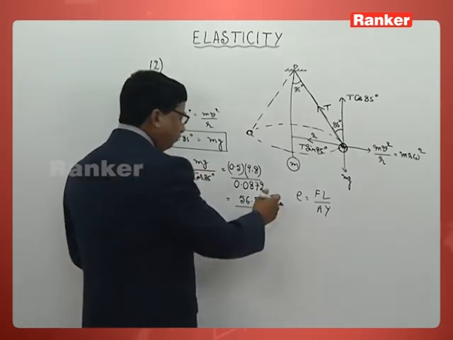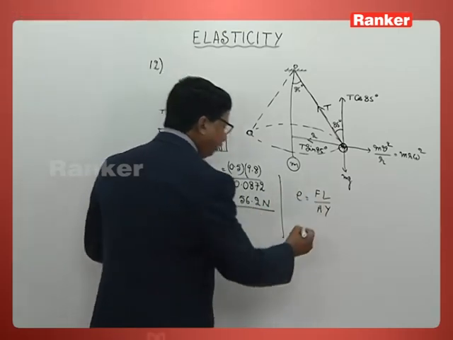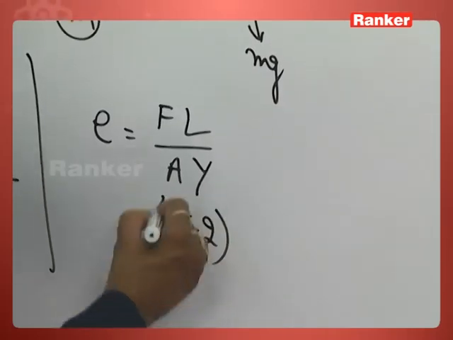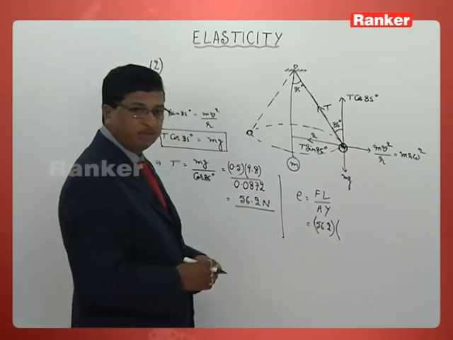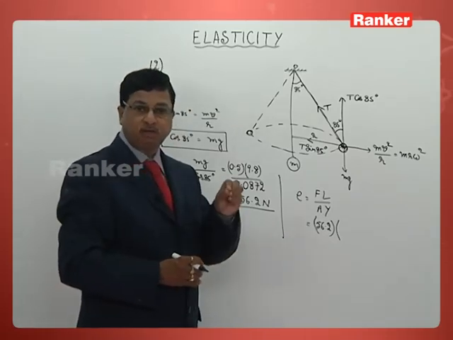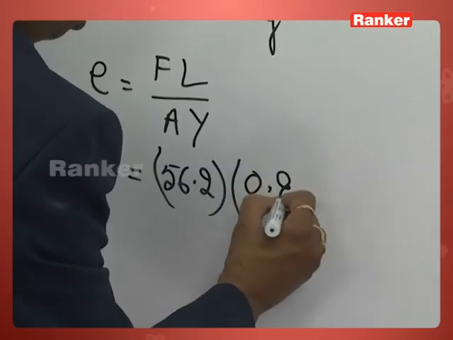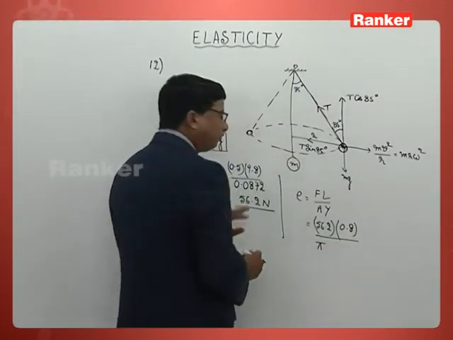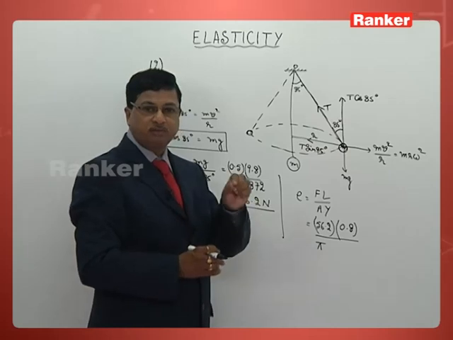So taking this value as the force applied here, 56.2 into, what is the value of length? Of course, length is given as 0.8 meter, divided by pi r square. What is the radius of cross section of this string?